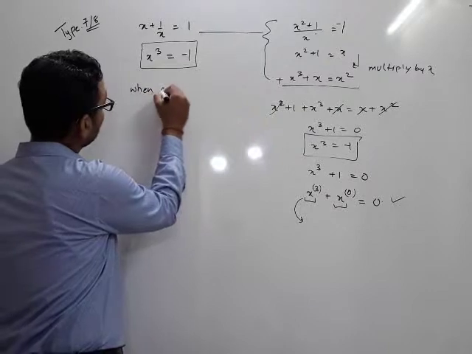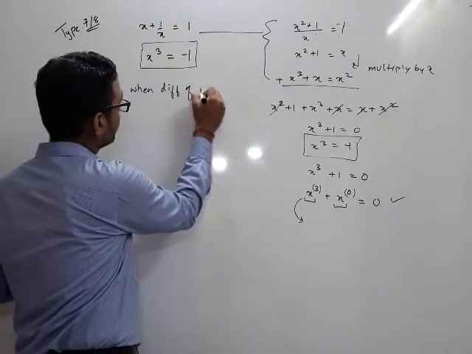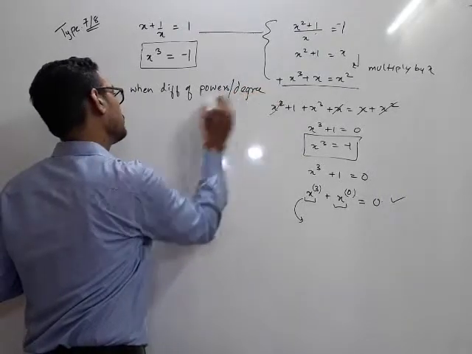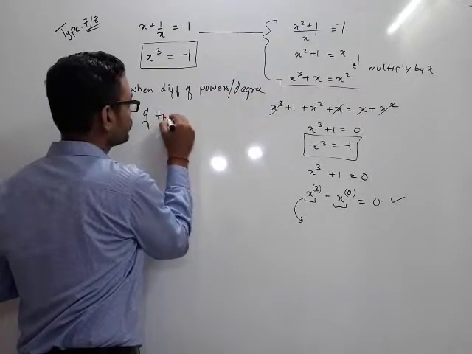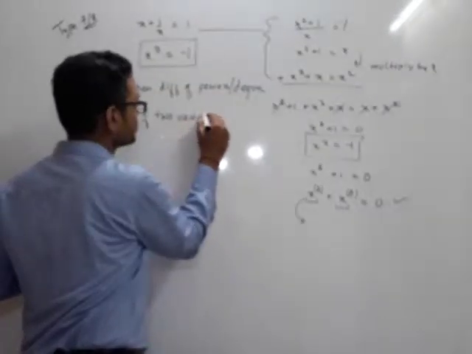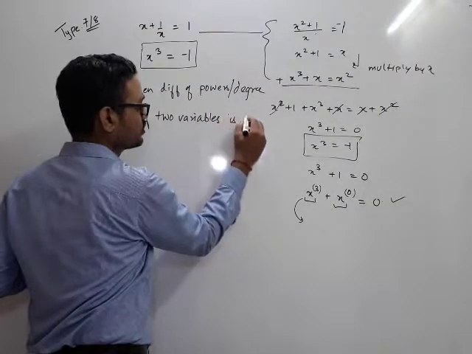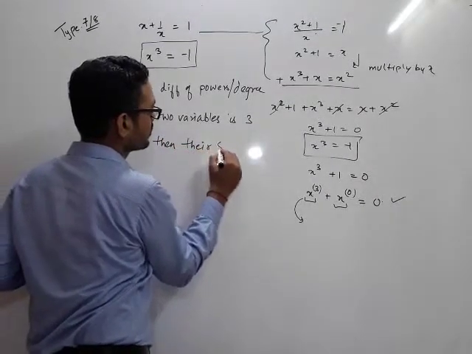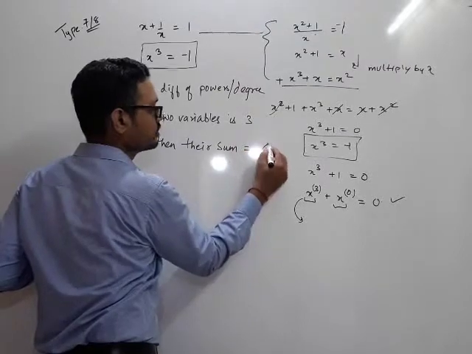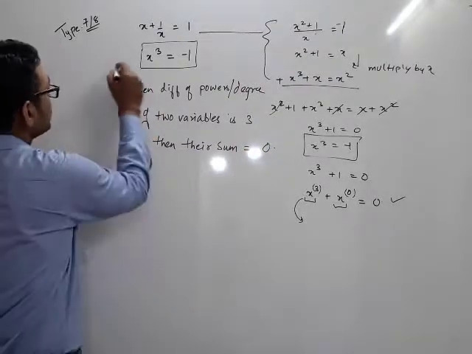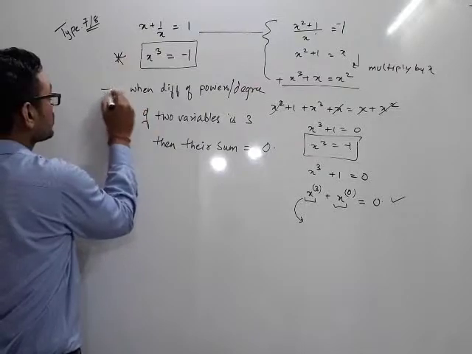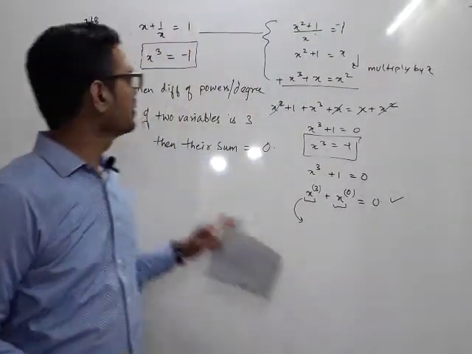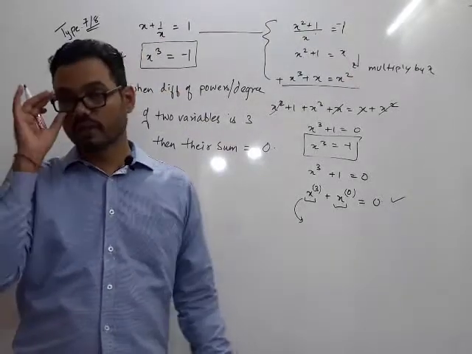When the difference of powers or degree of two variables is 3, then their sum is 0. This is the second conclusion. These two conclusions I have to draw whenever I see x plus 1 by x is 1.